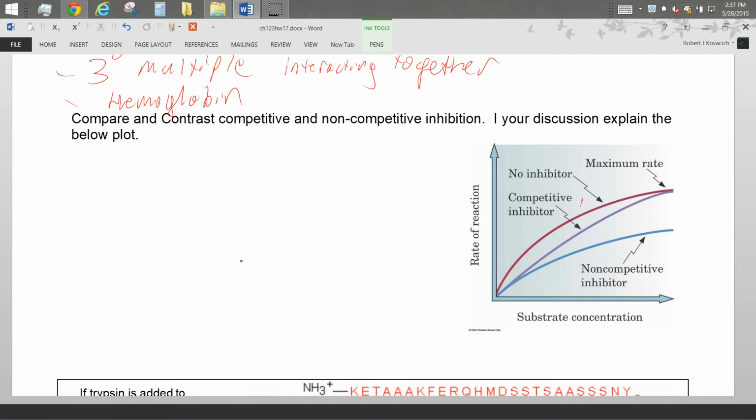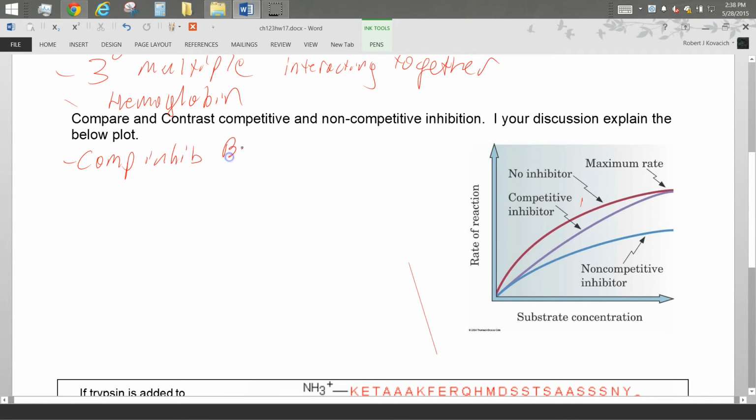Competitive inhibitors bind to the active site, non-competitive to a different site, not the active site. And is there a way to overcome competitive inhibition? Yeah, adding more substrate.